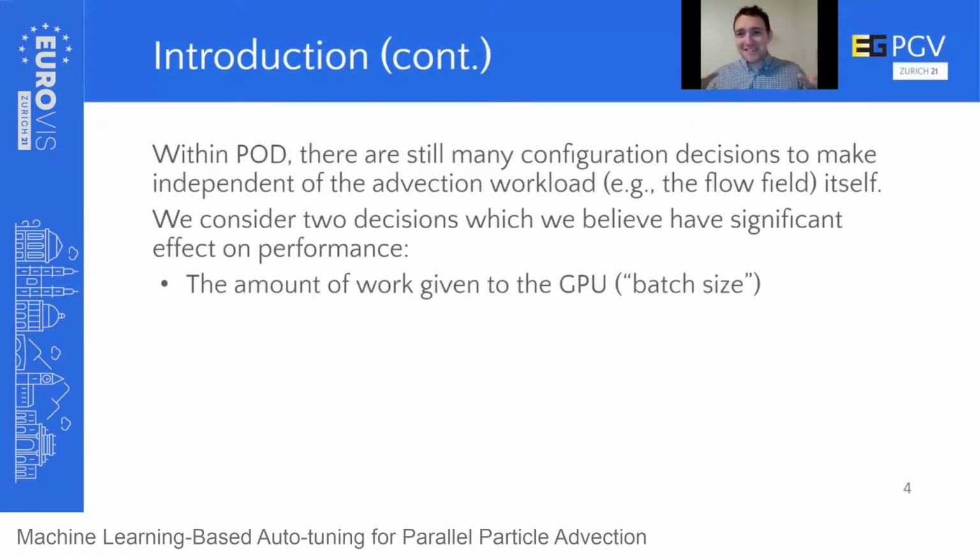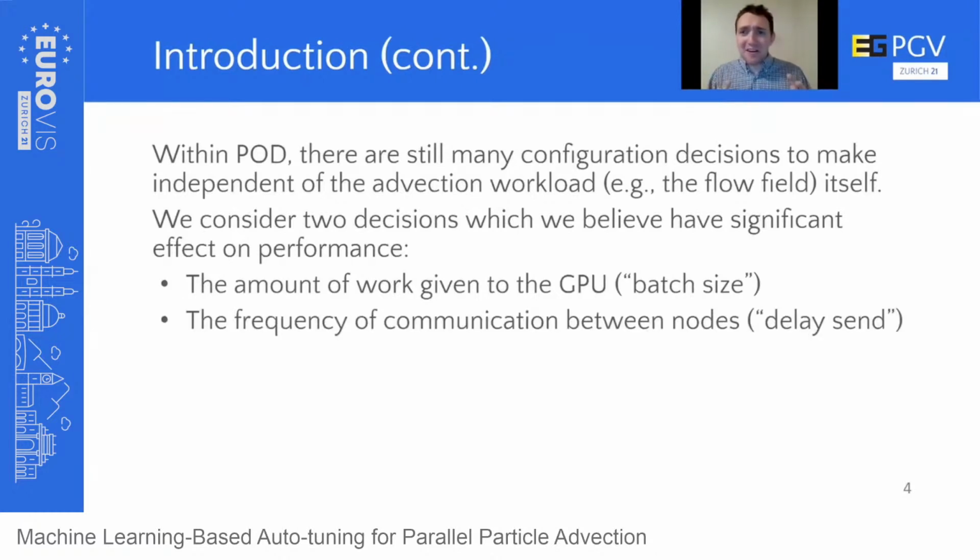The first is how much data we are giving to the GPU, which is performing these calculations, at once. And the second thing that we're going to consider is the frequency of communication of particles as they move from block to block. Whether we want to aggregate a bunch of small messages and send them as a batch, or if we should just immediately send that communication message when a particle moves from one block to another.